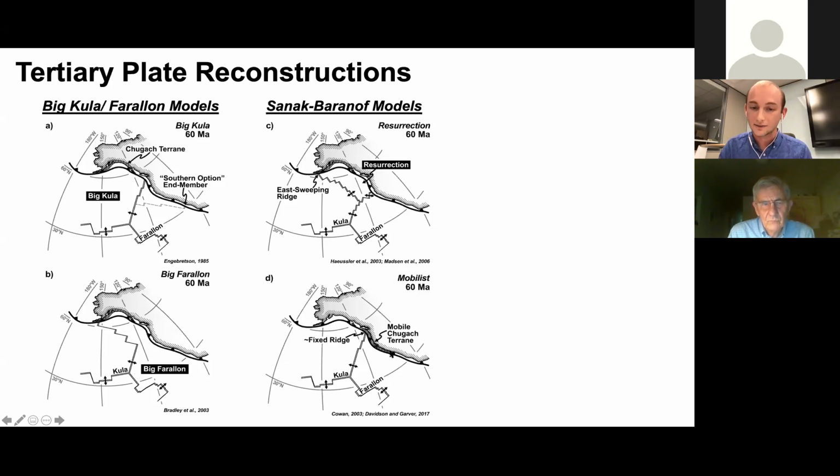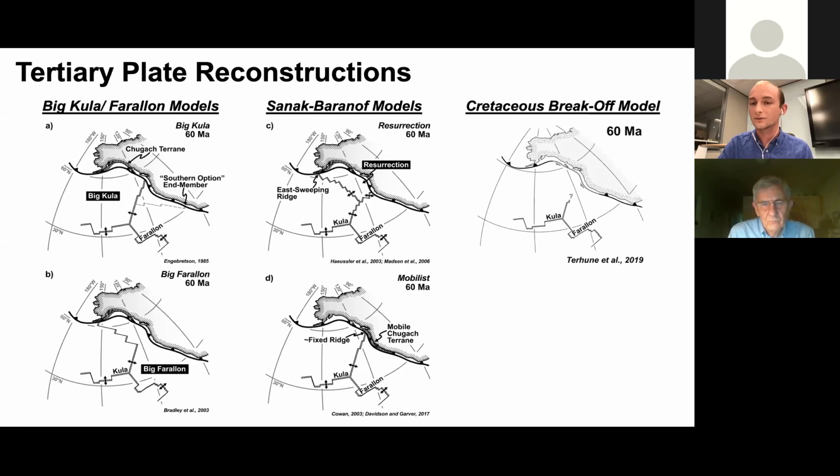And then as the Chugach terrane migrates to the north over time, the progressive suite of near trench intrusions are emplaced. A very recent suggestion is that during this time period, Western North America was a transform boundary.